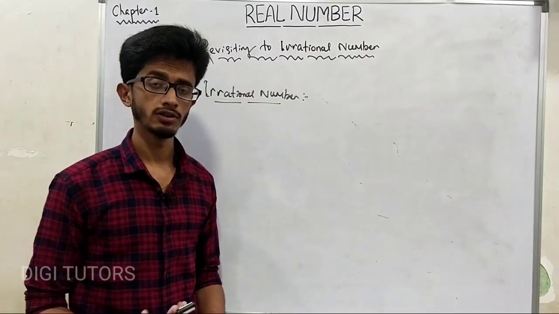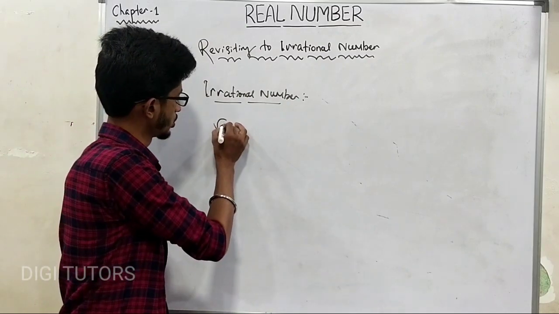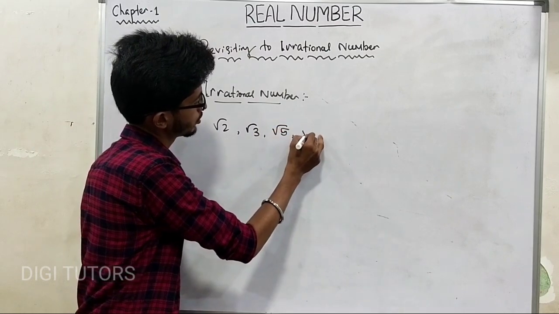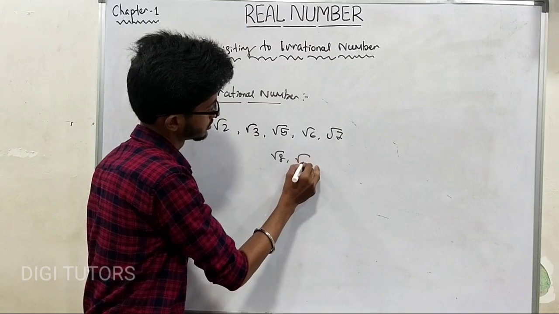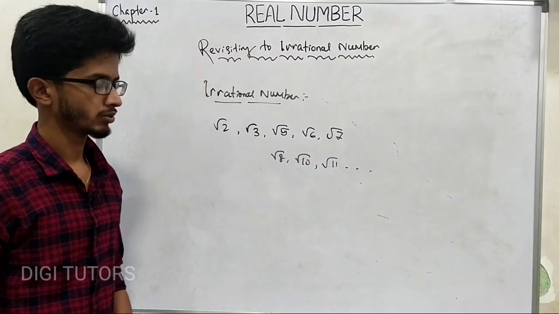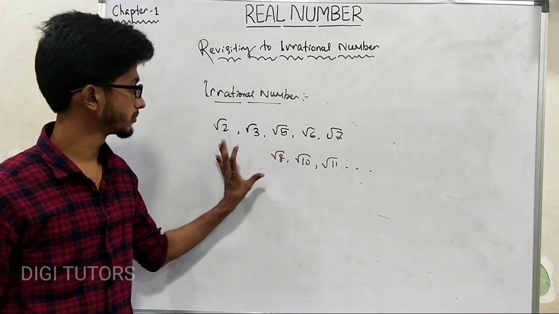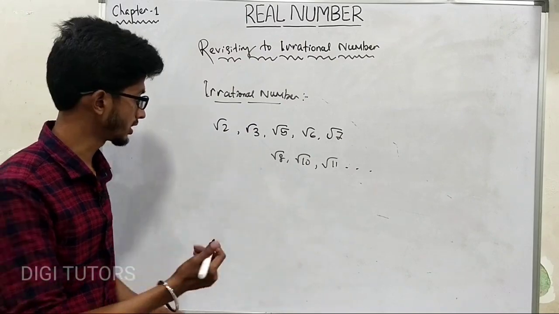There are so many irrational numbers. Here are some examples: root 2, root 3, root 5, root 6, root 7, root 8, root 10, root 11 up to infinity. These are irrational numbers, which are non-terminating and non-repeating.